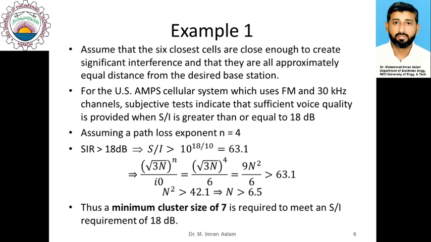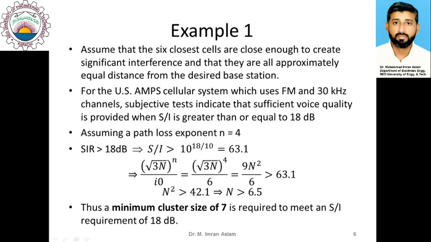So having the cluster size 7 would give you a signal to interference ratio of 18 dB or higher, which is required to establish reasonable communication in old AMPS mobile systems.